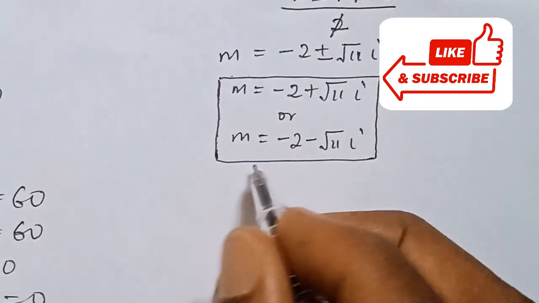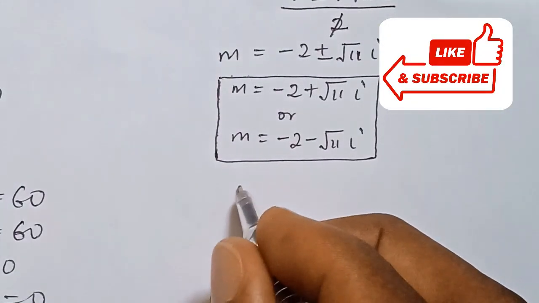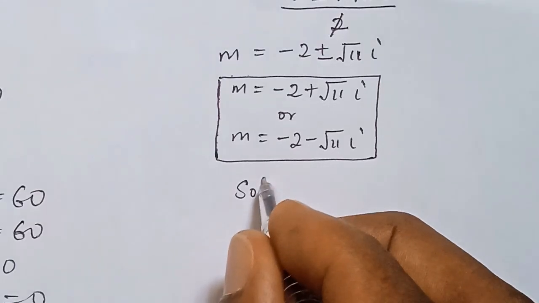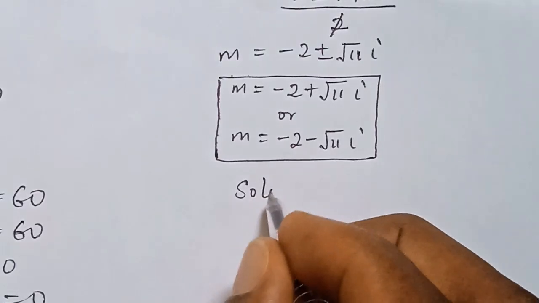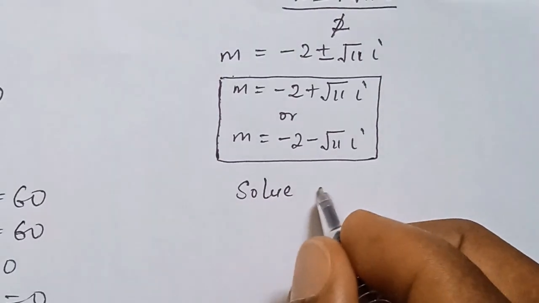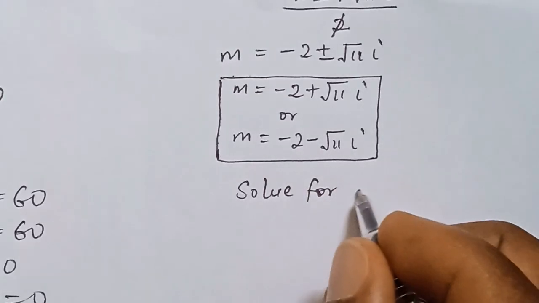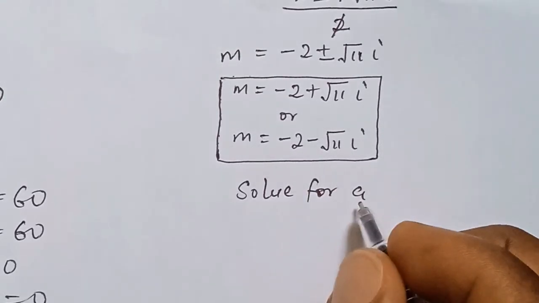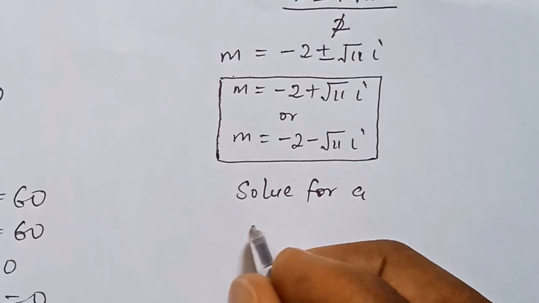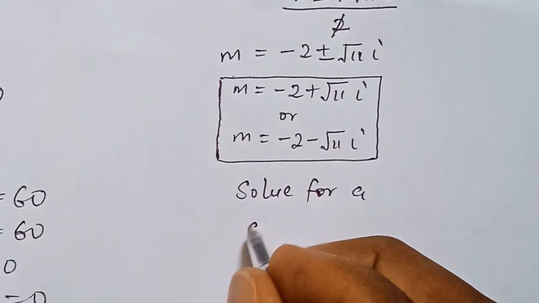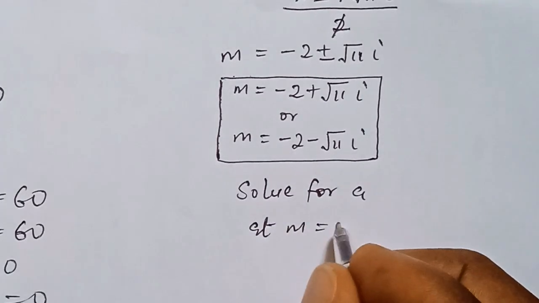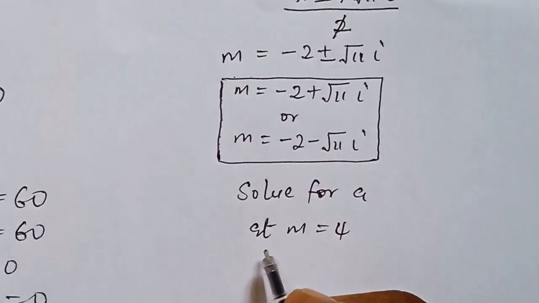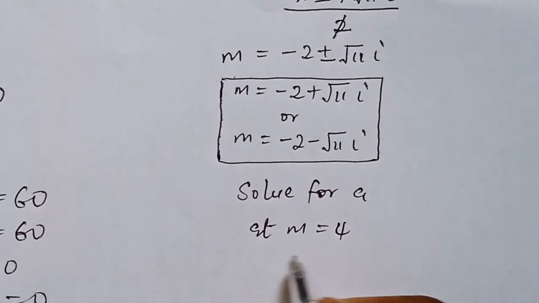So here, from these values of m, we now solve for a. We are asked to find the value of a. First, at m equals 4, what will be the value of a?